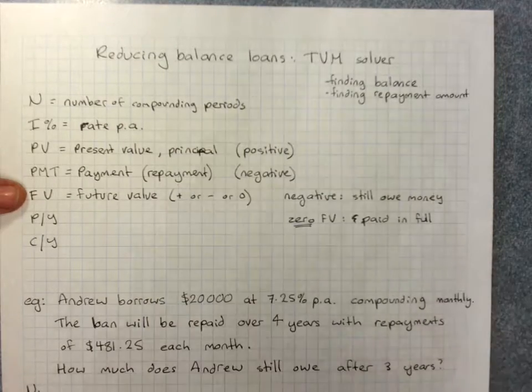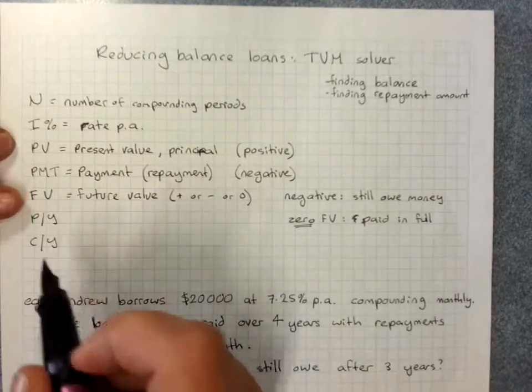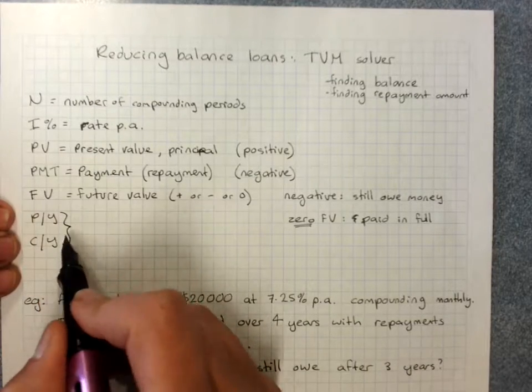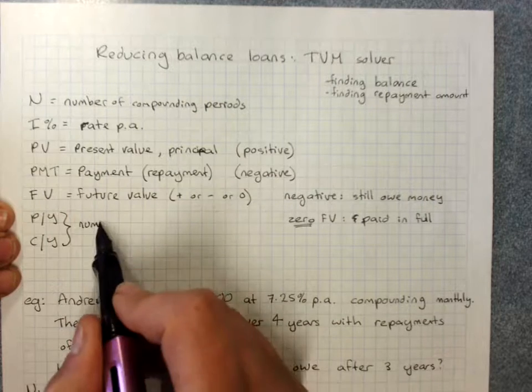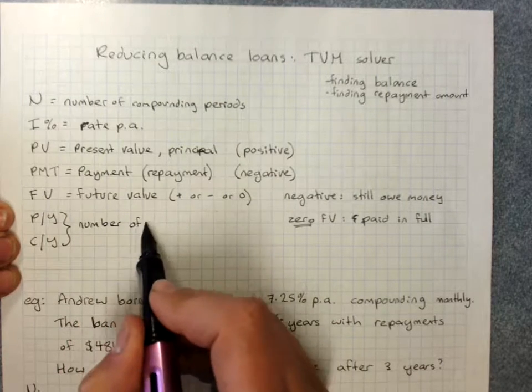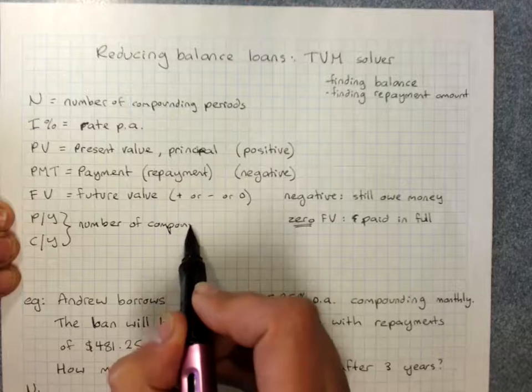I want to have paid it off. And PY and CY are, of course, number of compounding periods or payments per year, and they're the same.